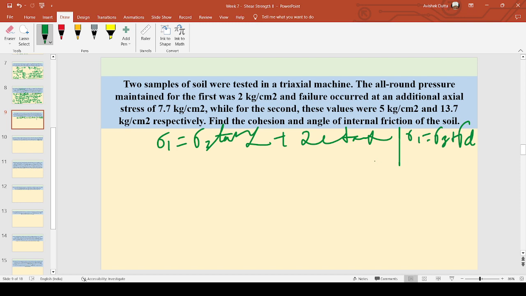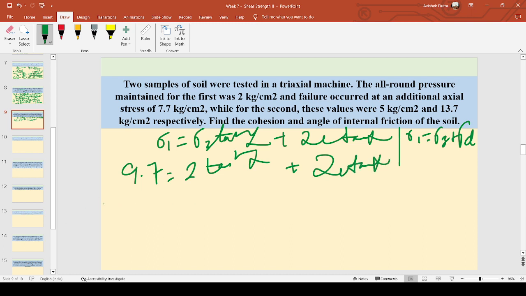So sigma 1 for the first case is 9.7. Sigma 1, 9.7, equals sigma 3, that is 2, tan square alpha plus 2c tan alpha.